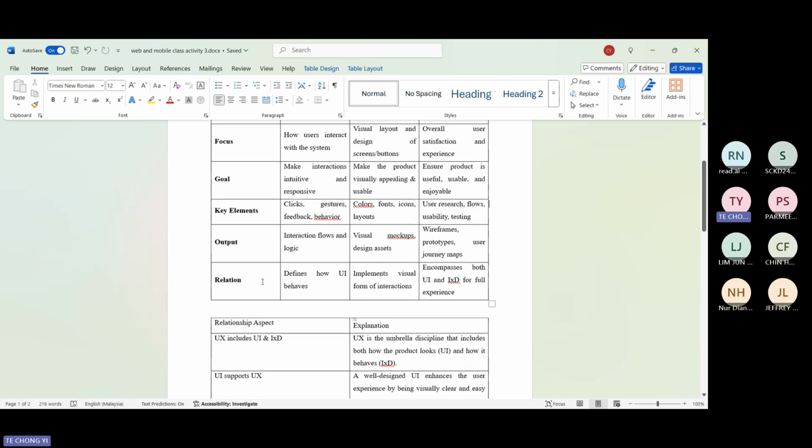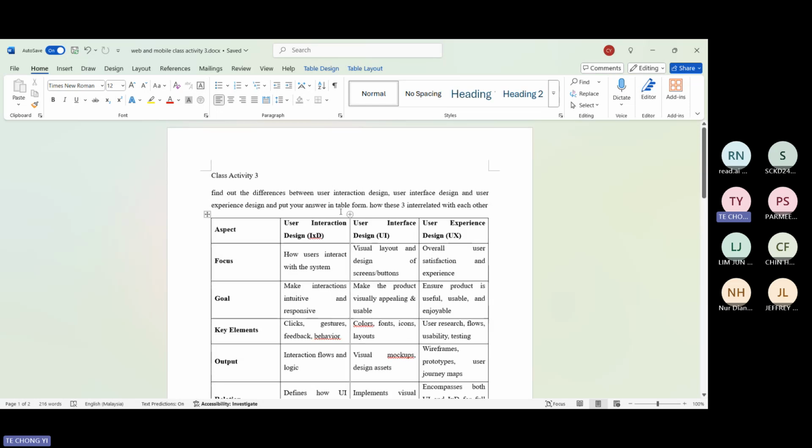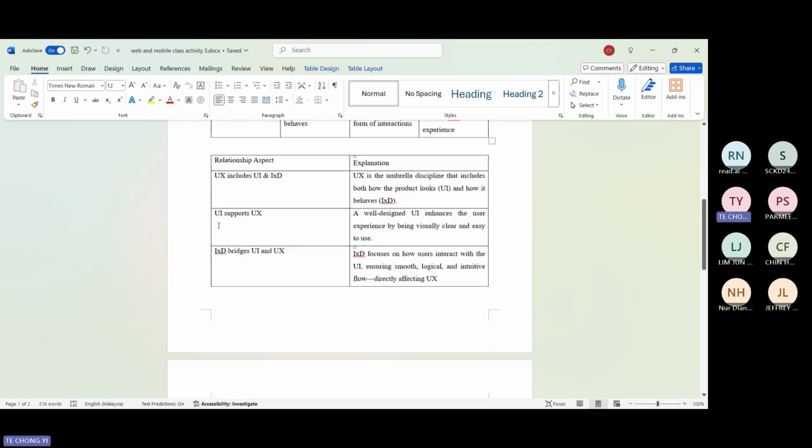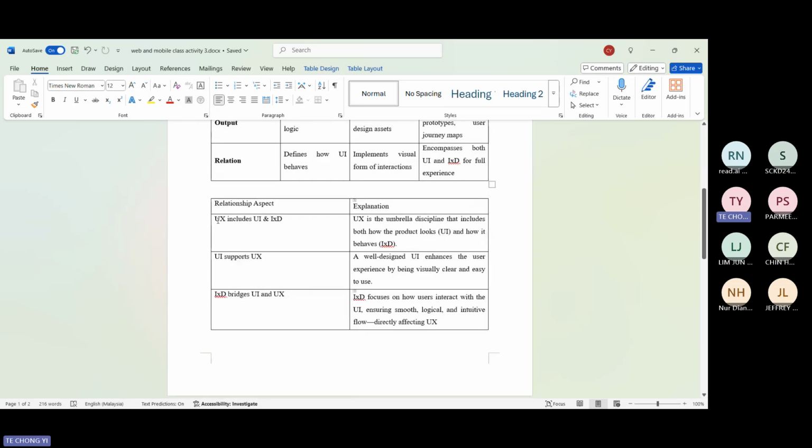And then the second question is, how are the three interrelated with each other? First, UX already includes the UI and IXD as explained.